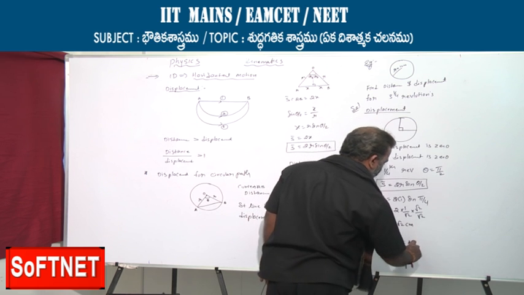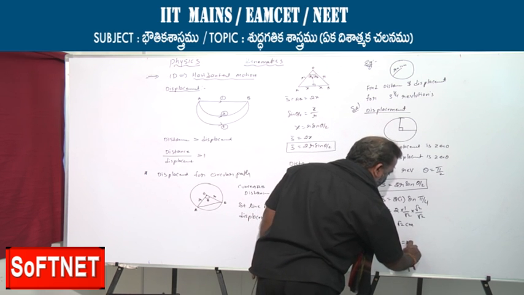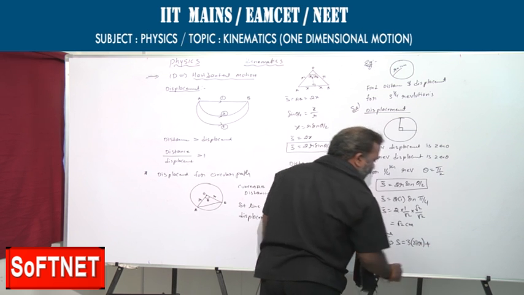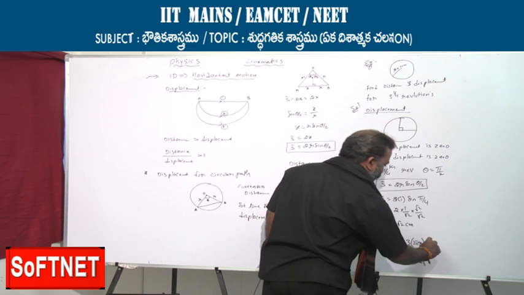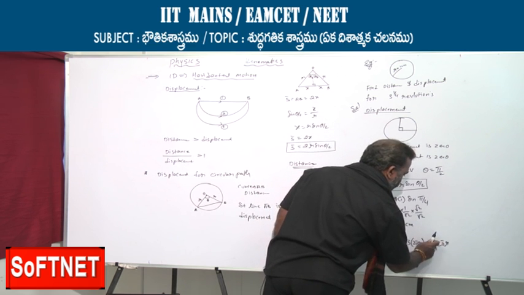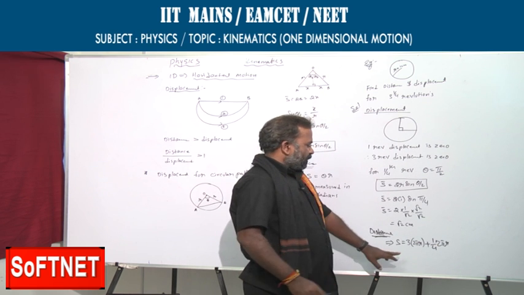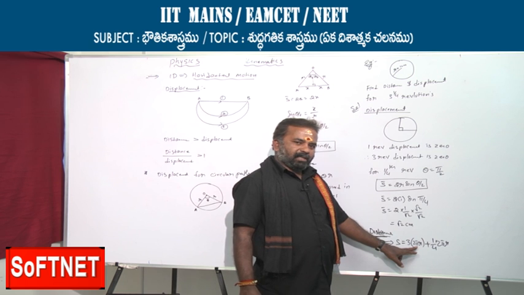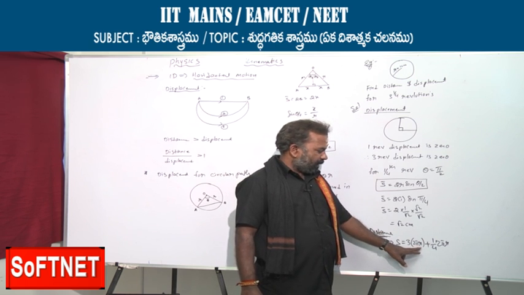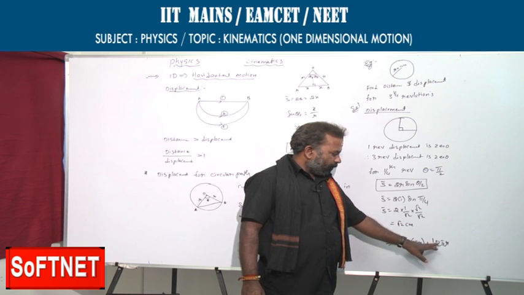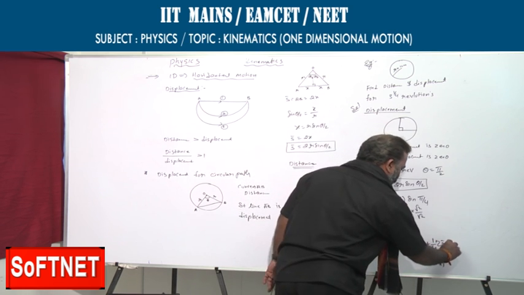Distance is equal to 3 revolutions: 3 into 2 pi r plus 1/4 revolution, 1/4 of 2 pi r. For 3 revolutions, it is 3 into 2 pi r, because for 1 revolution, distance is 2 pi r. So, remaining is 1/4 revolution, for 1/4 of 2 pi r.